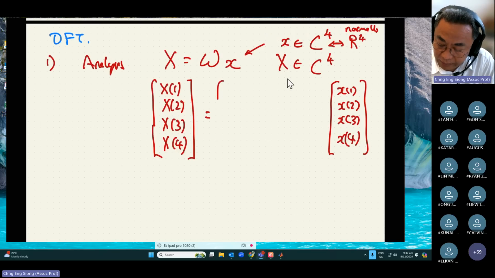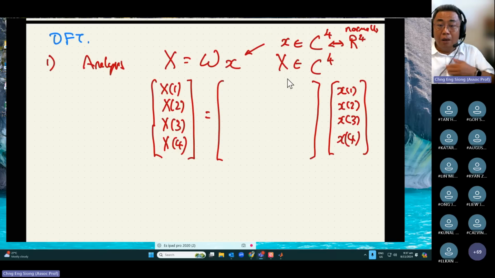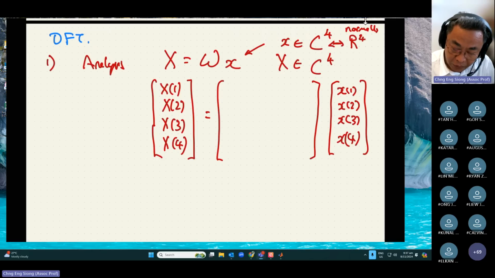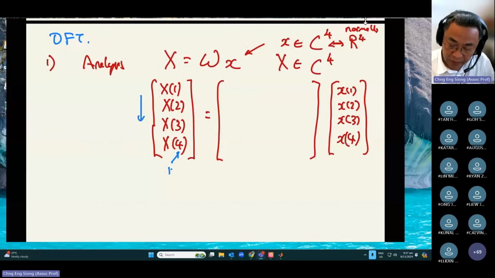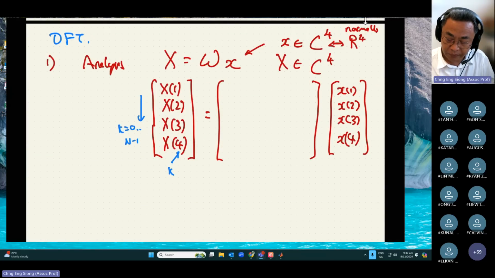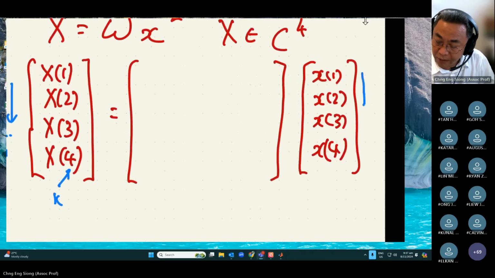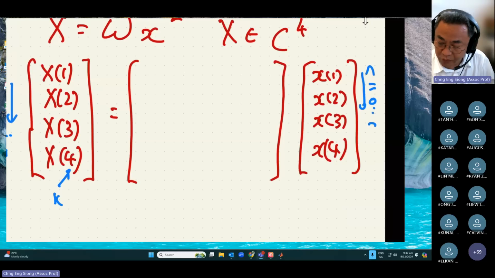What is this big W? So always do this first. The index here is k, where k equals 0 to N minus 1. Here, the index is n, where n equals 0 to N minus 1, which is 3.